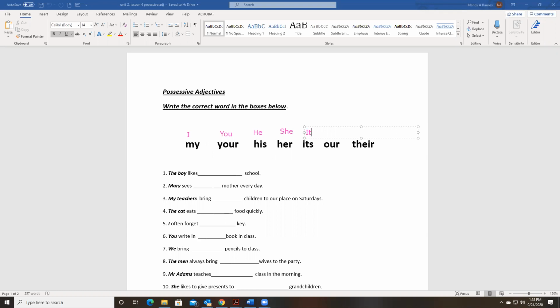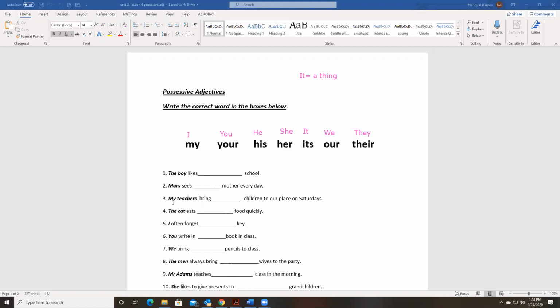When you're talking about it, it's its. Okay, now remember, it refers to a thing. Una cosa. When you're talking about we, it changes to our. And when you're talking about they, it changes to their.